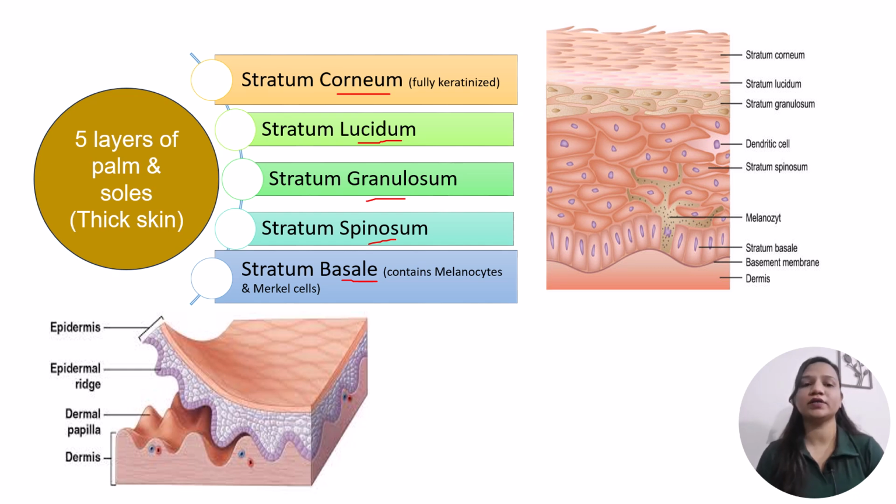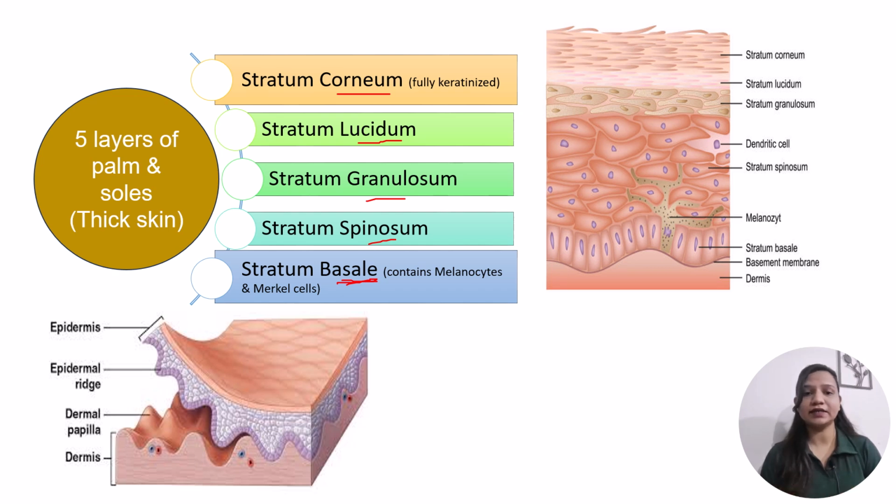Here you have to understand that the stratum basale consists of the basal cells, and these basal cells are the precursors of keratinocytes. That means the keratinocytes develop from the basal cells of the stratum basale. This is the process of keratinization. Keratinization means the process by which keratinocytes are produced and accumulate keratin protein.